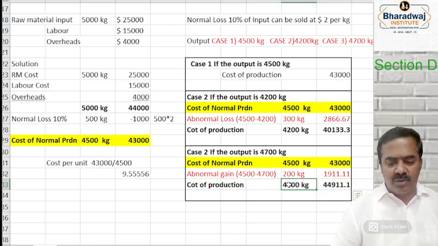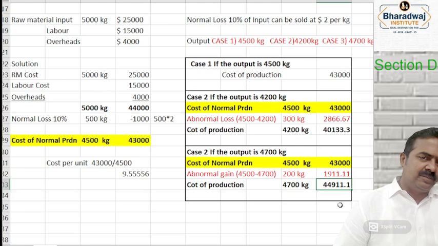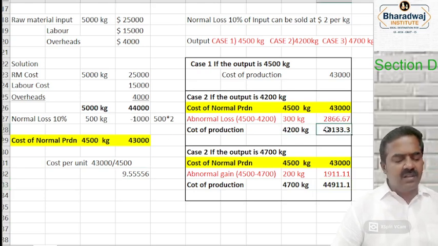You can multiply 4,700 into 9.555556, you will get 44,911. Here also 4,200 into this, you will get 40,133.33.